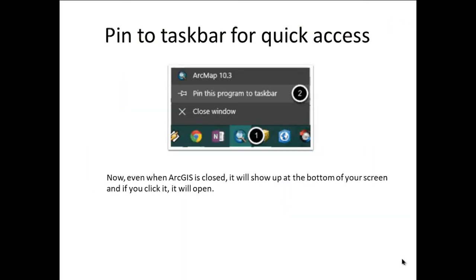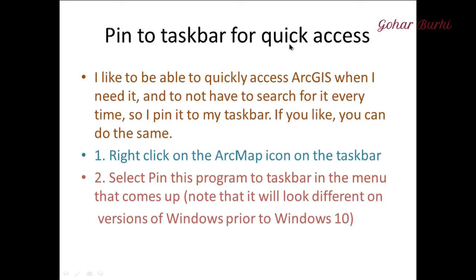After that, pin to taskbar for quick access. I like to be able to quickly access ArcGIS when I need it and not have to search for it every time. So I pin it to my taskbar. If you like, you can do the same.